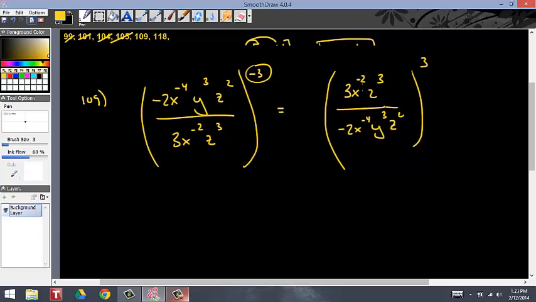So these two can switch sides, so I end up with 3x to the fourth, z squared, all over negative 2x squared, y to the third, z squared. Sorry, z squared.